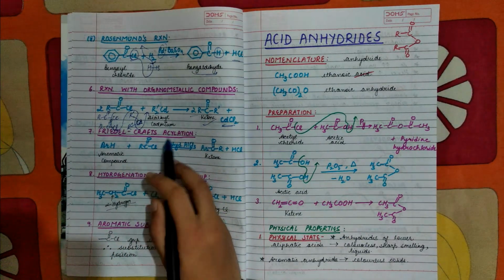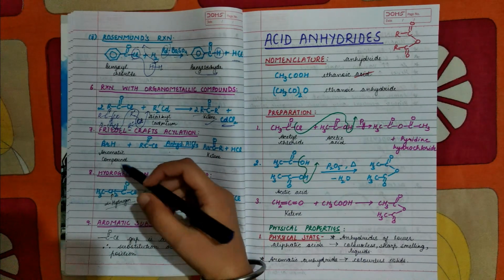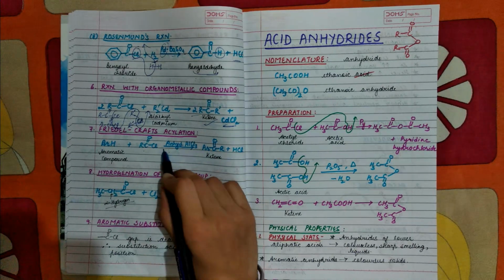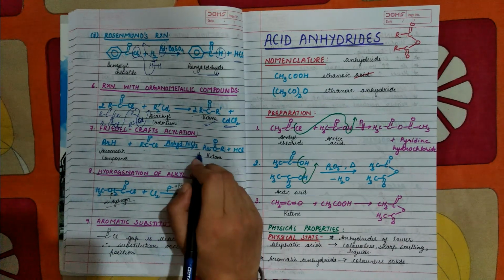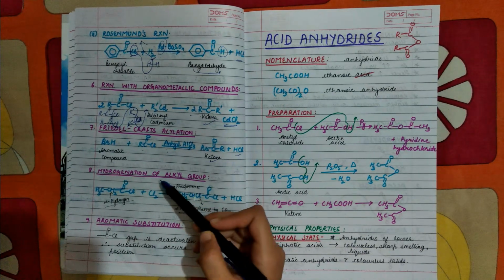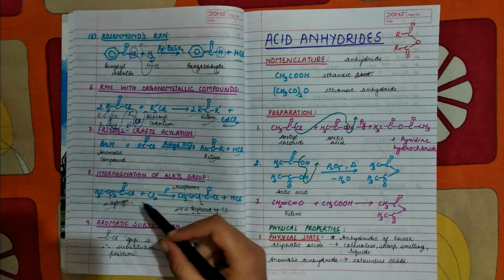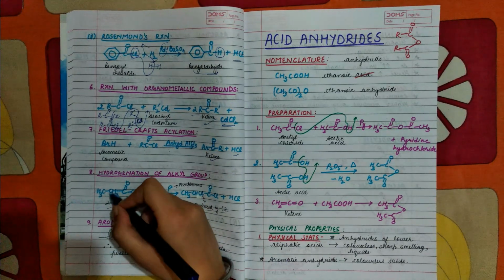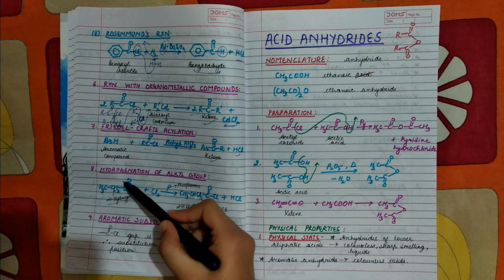Then we have Friedel-Crafts acylation. Any aromatic compound treated with acid chloride in the presence of anhydrous aluminum chloride forms ketone plus HCl. Then we have halogenation of the alkyl group. Here we have shown alpha hydrogen because it is important in this reaction.